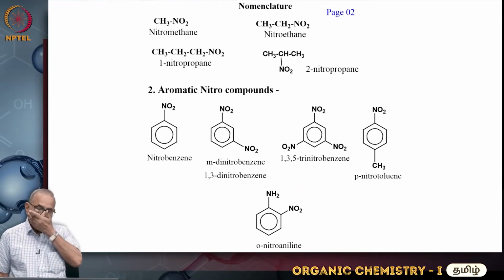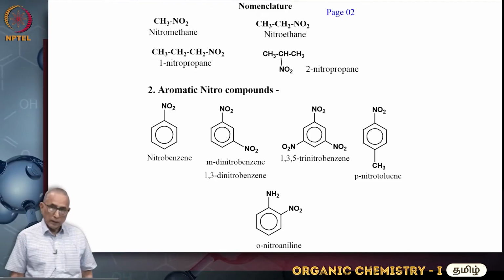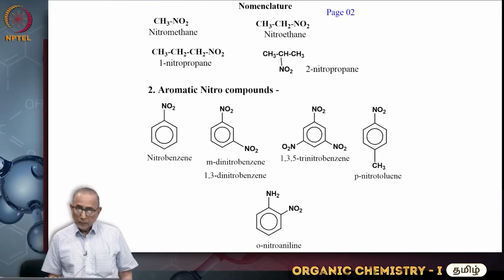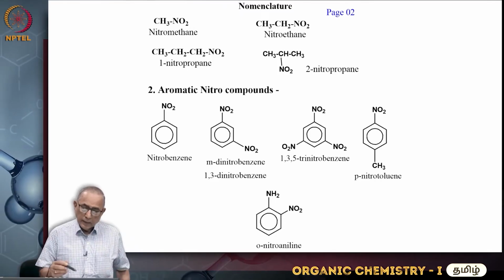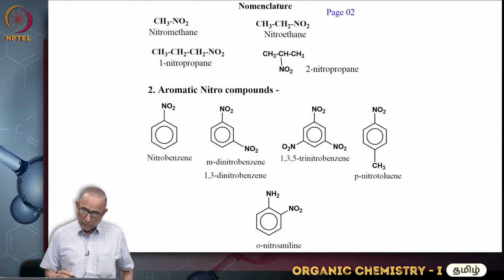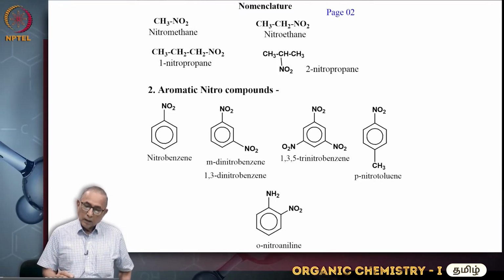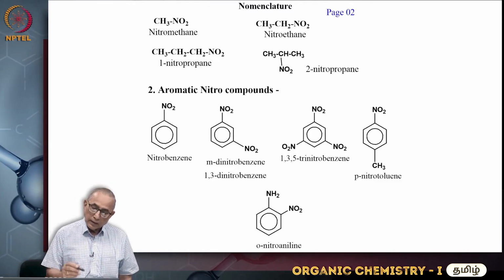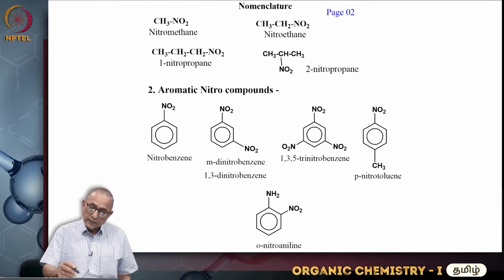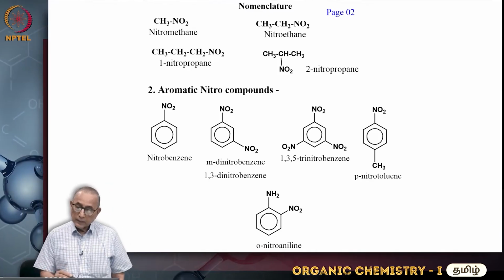Next, nomenclature, how to name these compounds. CH3NO2 is nitromethane. Methane is the alkane derivative, one carbon, one hydrogen is removed and the nitro group is attached. This is called nitromethane.